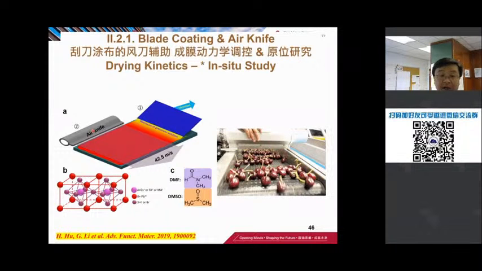And the air knife is good. It's low cost. If you think about it, we can dry your lovely, tasty cherries, so this is a good one to use, and it's linked to low cost fabrication.